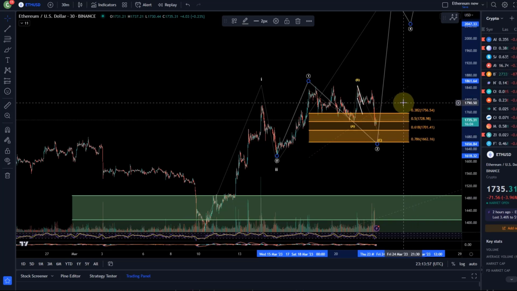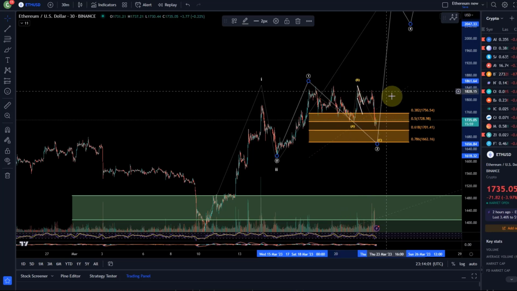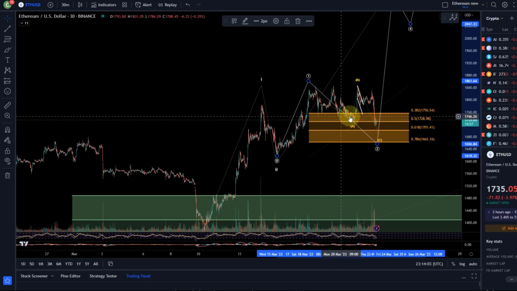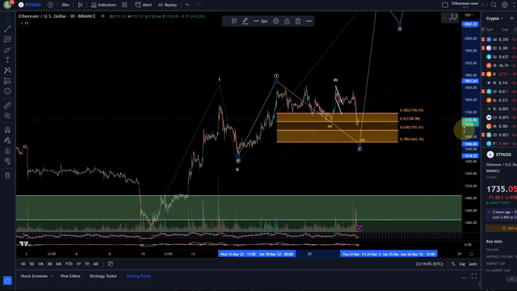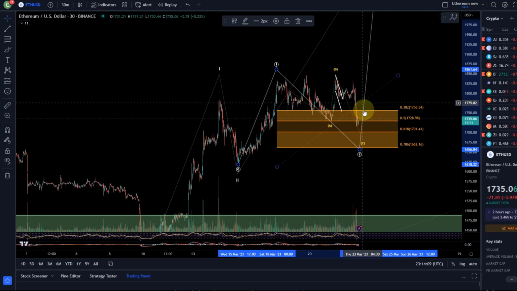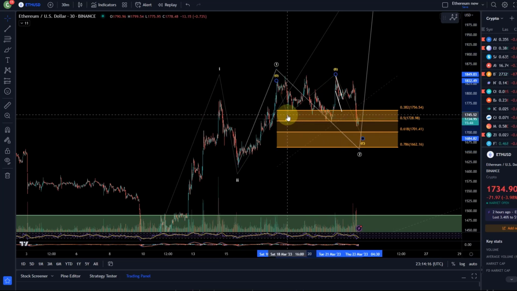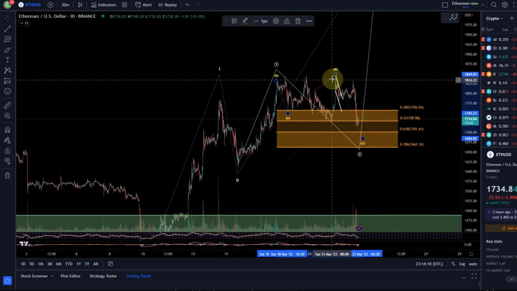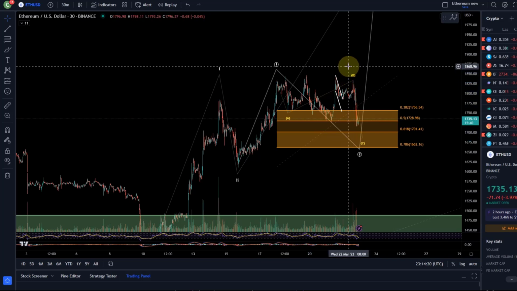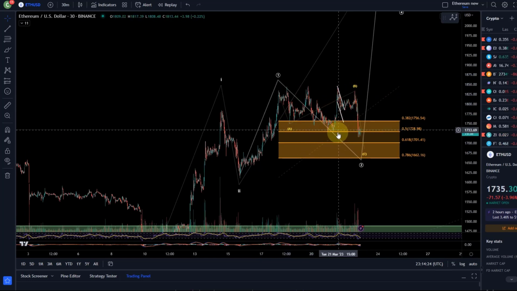What I will do though, I'm going to redo the waves of the subwave structure here, because I don't like the idea of this long A wave, the B wave, and the C wave, how it looks. In my opinion, it might count better as a triangle. So if I leave the A wave here and the B wave triangle is ending here, then you've got an A, B, C, D, E, basically a running triangle.